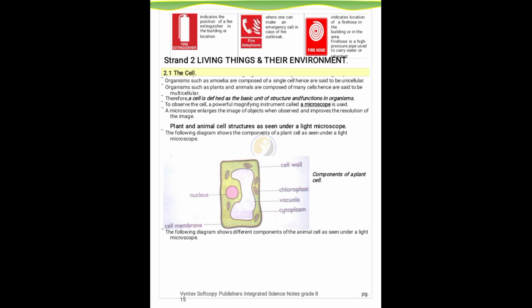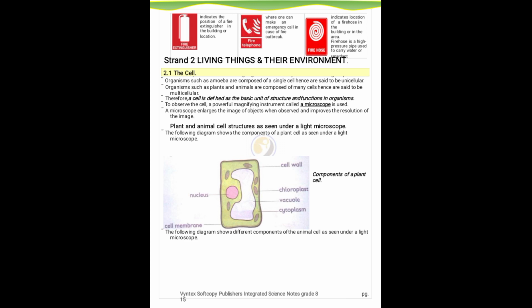So, the cell is the basic structure of all living organisms that controls all the functions of living organisms. Organisms such as the smallest organism like amoeba are composed of a single cell, and therefore we call them unicellular.